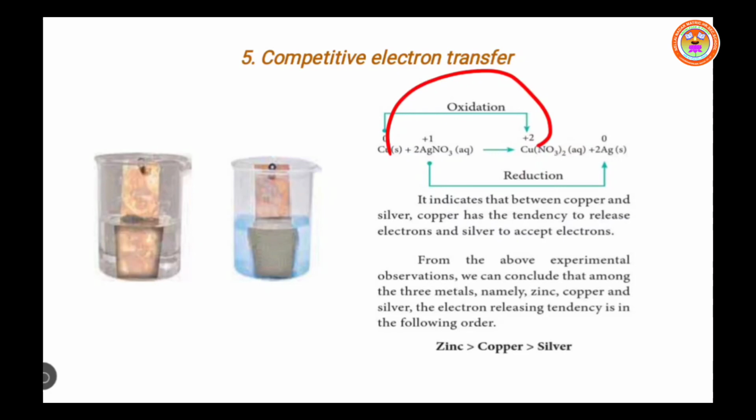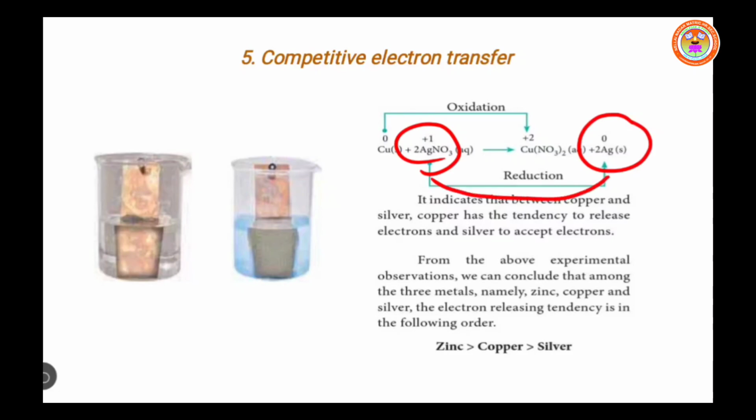So copper to copper nitrate is the oxidation reaction. Then in AgNO3, the oxidation state of silver is +1, whereas in Ag, in the uncombined state, the oxidation state is 0. Here +1 state is reduced to 0. So silver nitrate to silver is the reduction reaction.